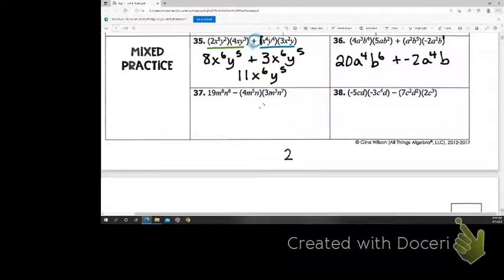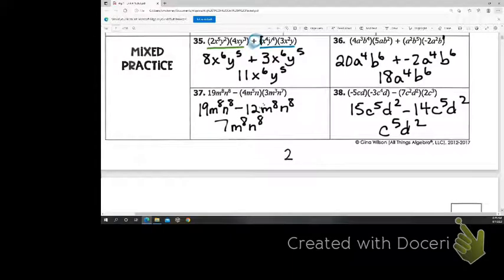Notice he doesn't suck off that a's exponent, he has his own 1, and makes 6, which is good because now they're like terms. And 20 and negative 2 give me 18, a to the 4th, b to the 6th. Okay, so I'm going to pause the video and then try 37 and 38 and then come back to check.